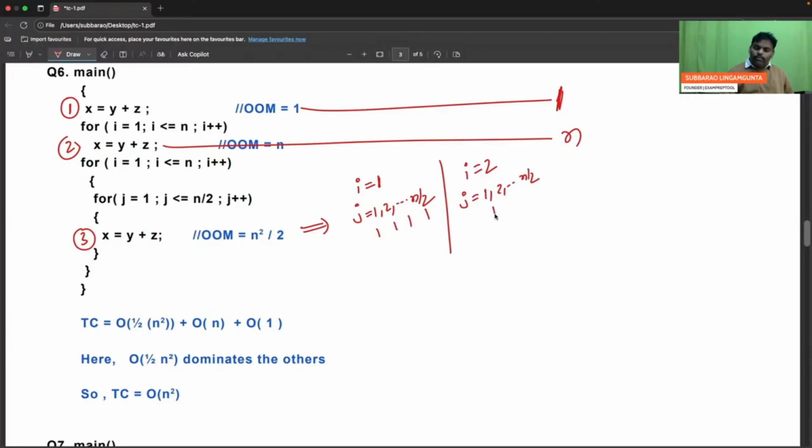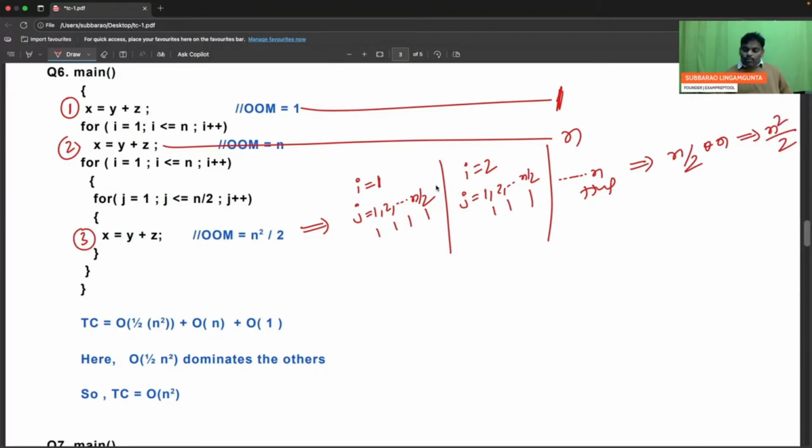So if you observe clearly, this will continue n times. Every time n by 2, like that n times, which finally goes to n square by 2.